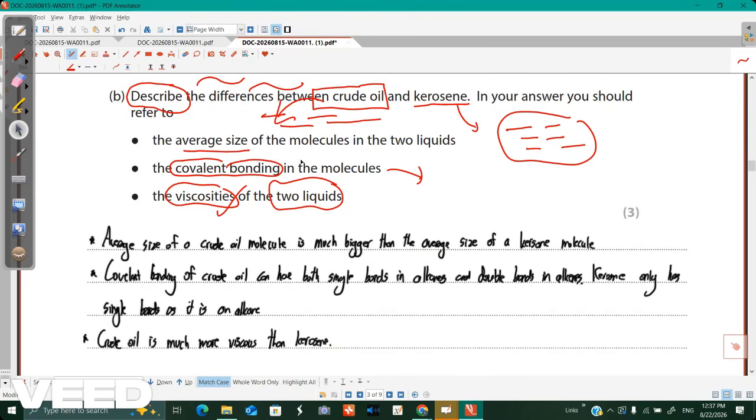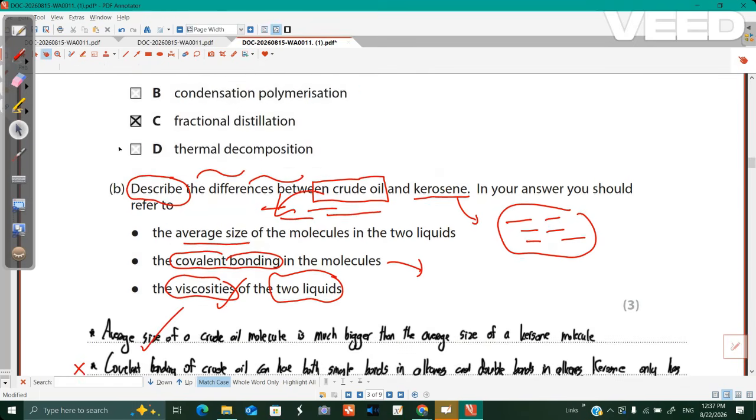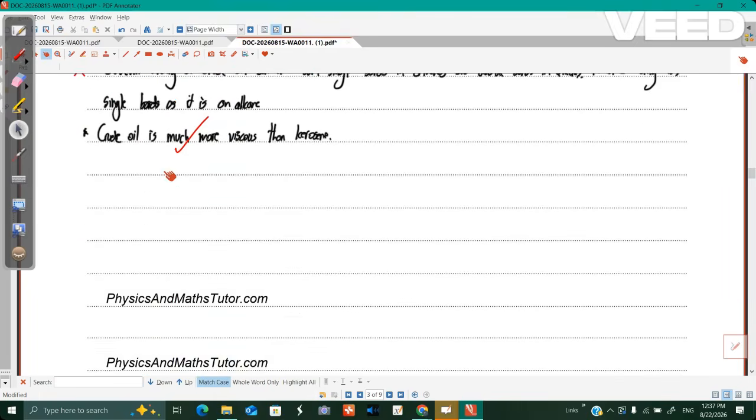Crude oil, more covalent bonds; kerosene, fewer covalent bonds. So the second point is wrong. The first point is correct. You are getting 2 points. So you lost 1 mark in each of the two questions, right?